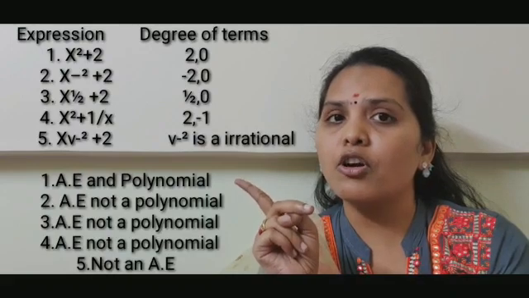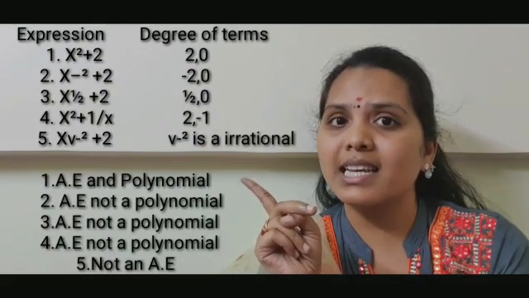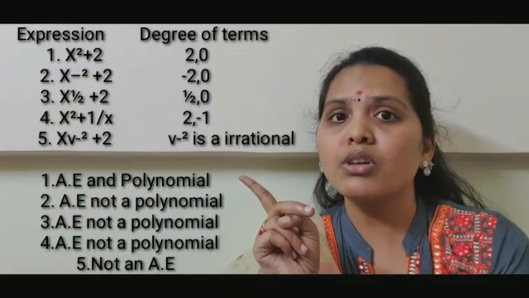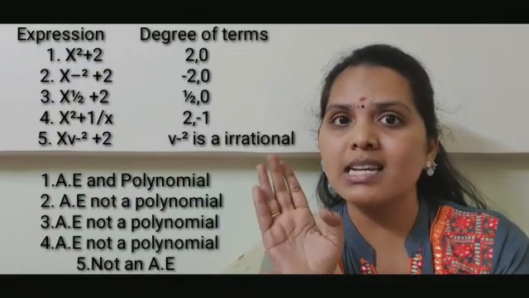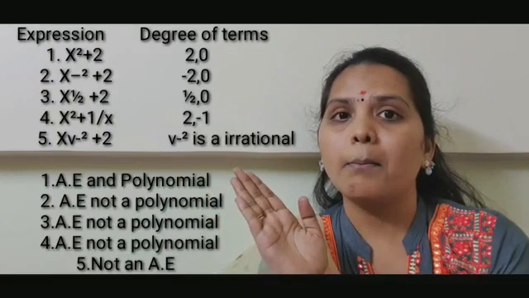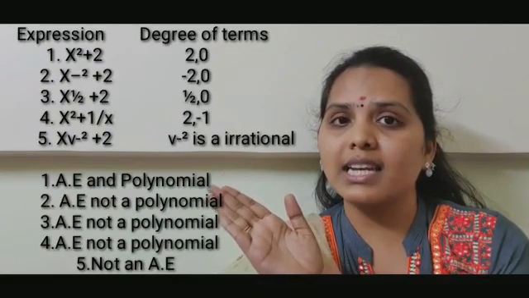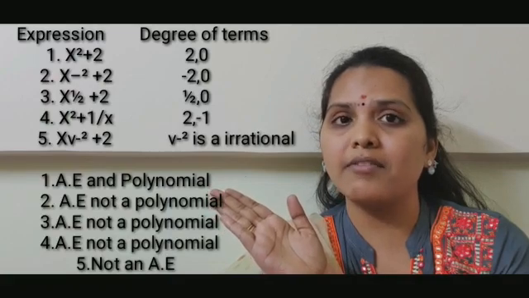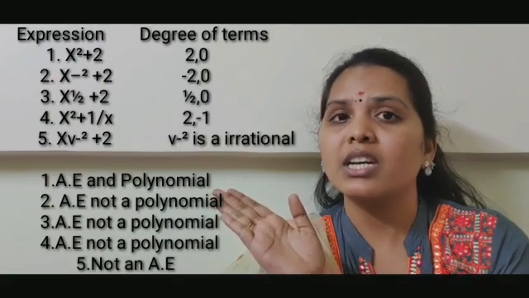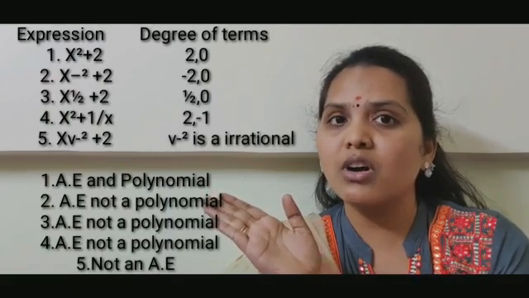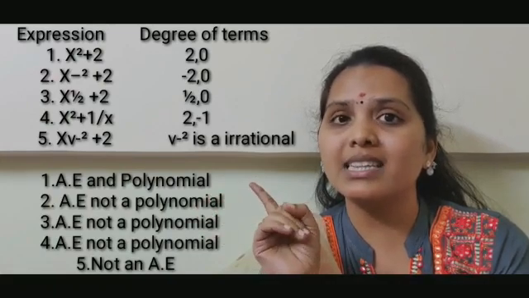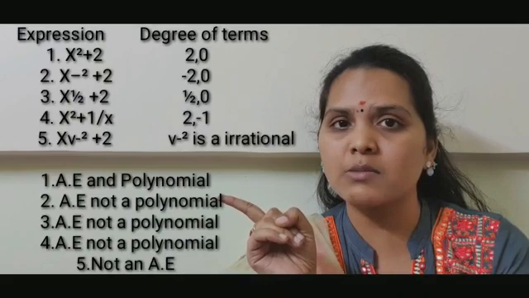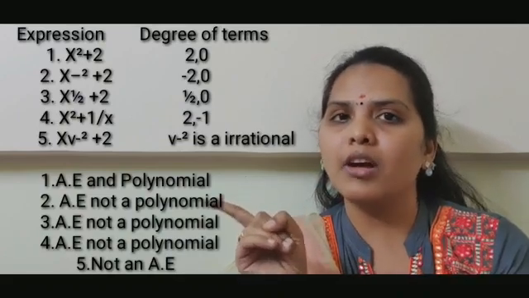So the power of the variable in the second term is a rational number, so x square plus 1 by x is an algebraic expression. But the power of the variable involved in the second term is a negative integer. It's not a positive integer, so it's not a polynomial, but this complete expression x square plus 1 by x is an algebraic expression.